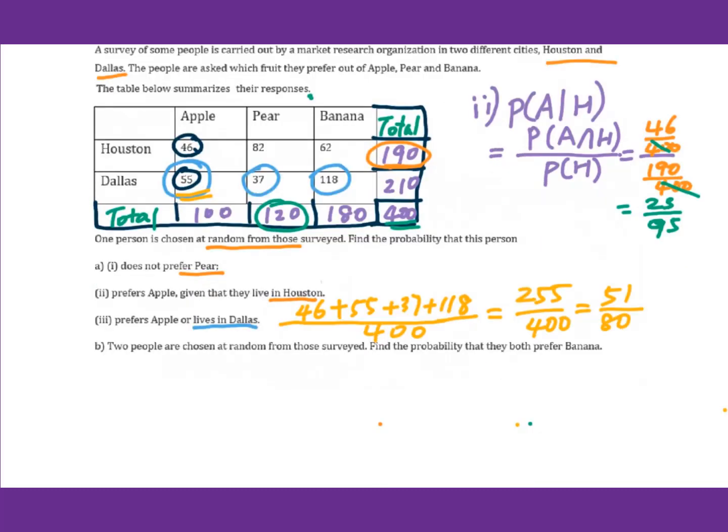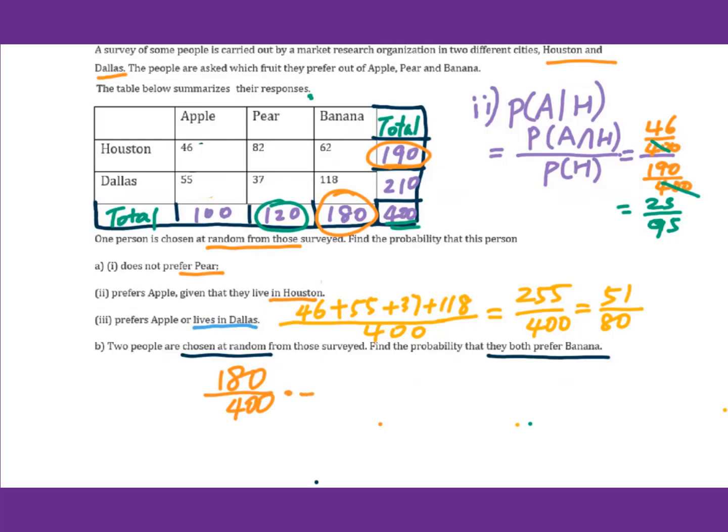Let's go to B. 2 people are chosen at random from those surveyed. Find the probability that they both prefer banana. We know altogether 180 people prefer banana. So we get 180 over 400. That's the first person.